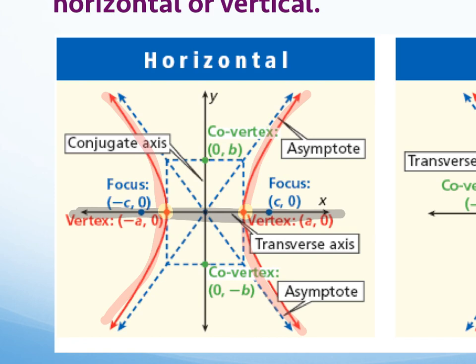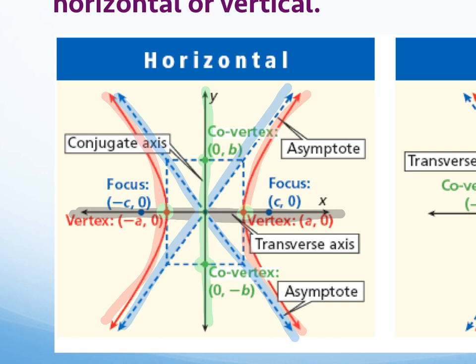And then you get these lines, which are your asymptotes, which are telling you how far to spread the branches. And the way you find them is the relationship between the vertices and the co-vertices, which are b distance away from the center, along what's called the conjugate axis. So transverse is the major axis if you think about it.